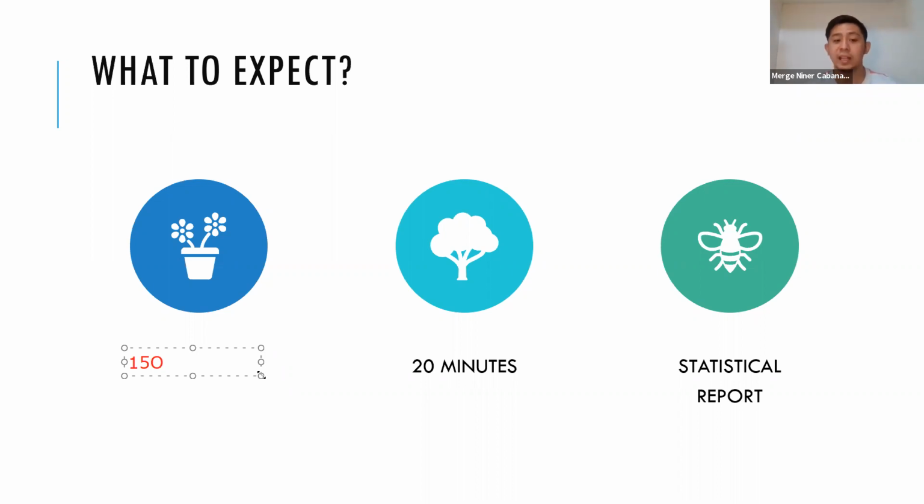So in comparison, task 1 only wants you to write 150. So 250 for task 2 versus 150 for task 1. Obviously, you will be spending more time with something that would technically require you to spend more time doing something. So that is task 2. So statistical report, that is what we're going to expect.